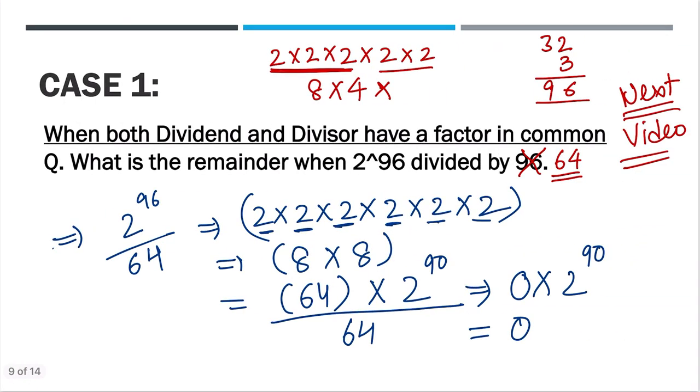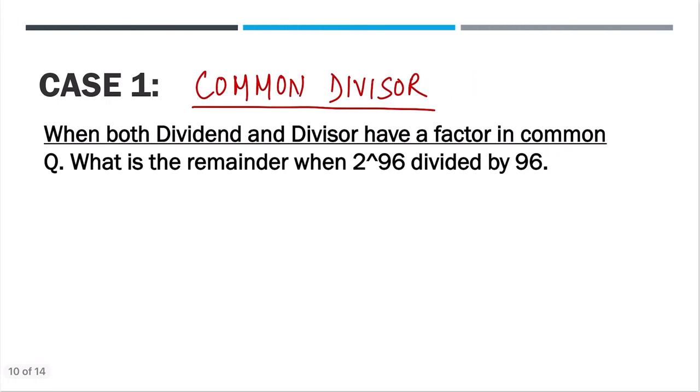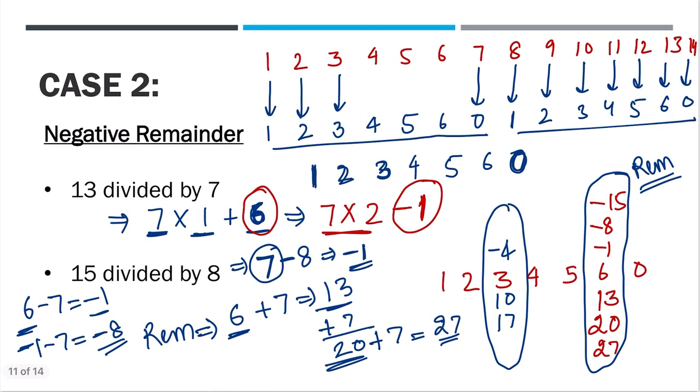This one was clear. Then I told you this question we did using that method where we were able to extract 64 out of it. Then I told you that 96 question is another topic altogether, which we are going to cover in the next video. Just stay with that. Then after that we understood the concept of negative remainder.